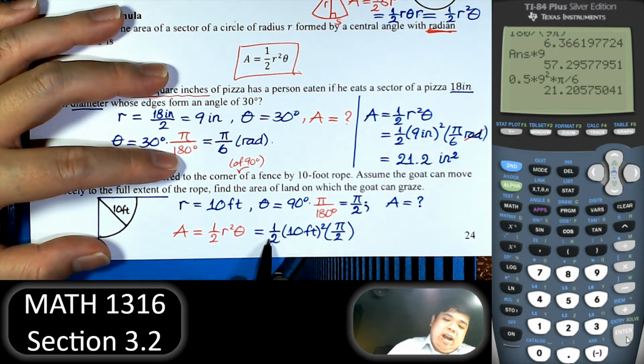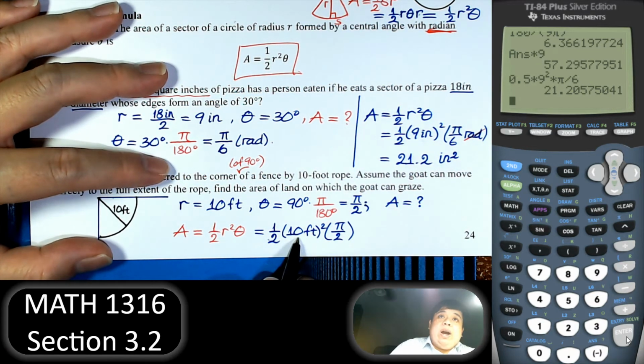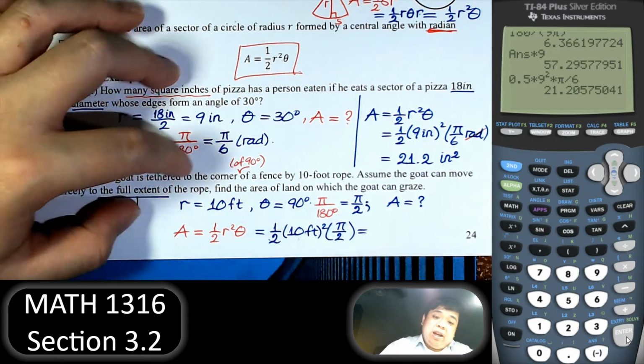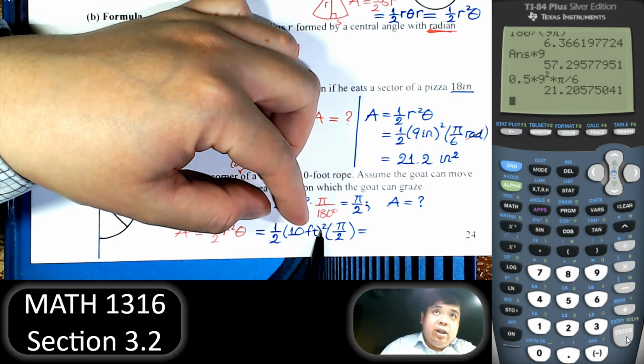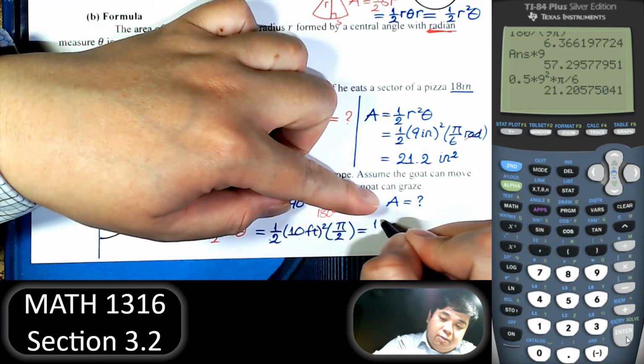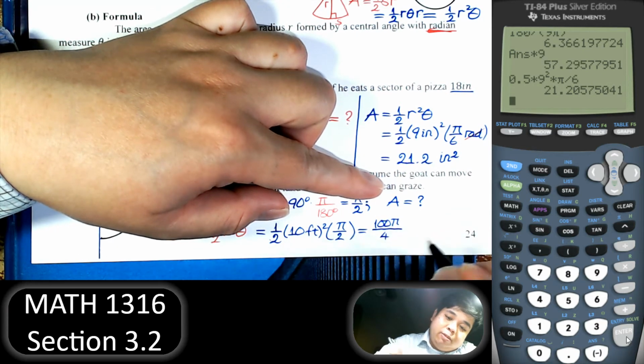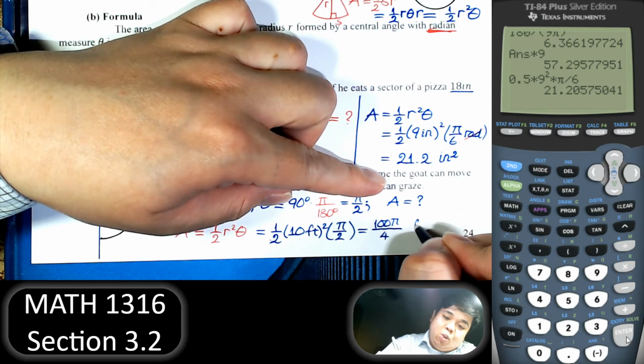Right. So 1/2 times 10 squared, that's 100 divided by 2. So if we do that by hand, 10 squared is 100 times pi on the top, and then divide by 4 at the bottom, and the unit is square feet.